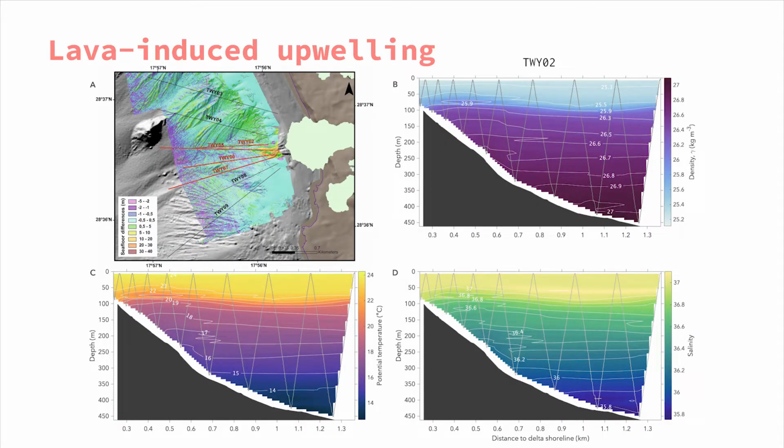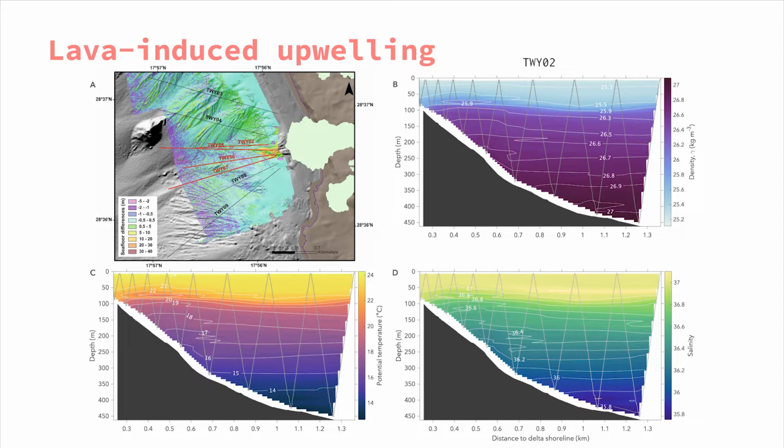Believe me, that is a lot. Another one of the most interesting effects that the arrival of the lava had was an effect of upwelling. What does this mean? When the lava arrives to the ocean, of course the water is heated and it becomes less dense, so it has to rise.